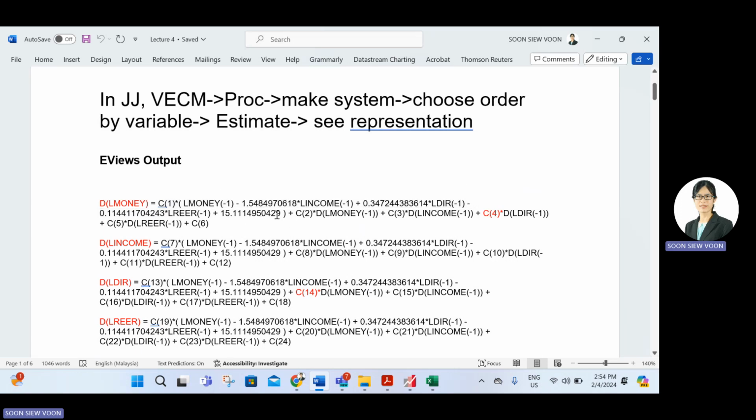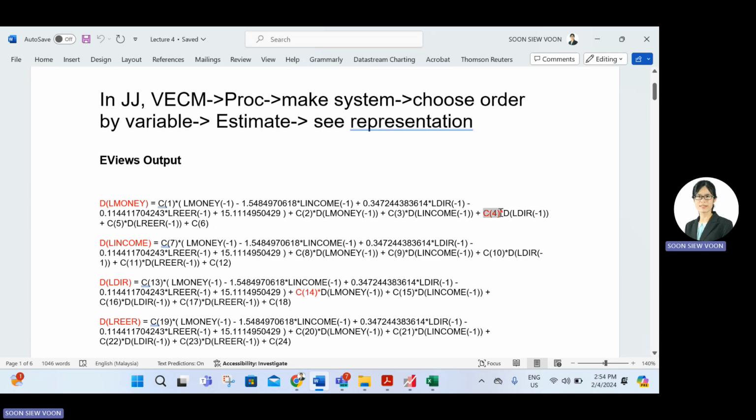Actually, no, sorry, C6 is the constant value. This one, y hat t minus 1, refers to the error correction term, lagged one period.